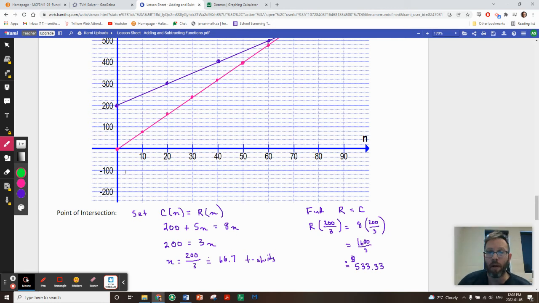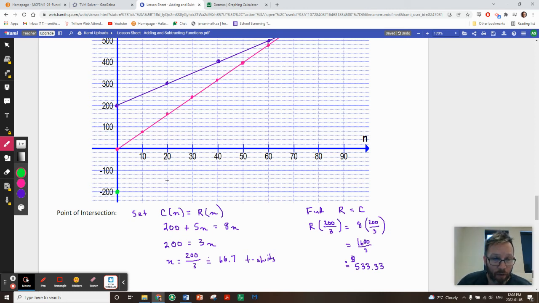For example, for the n coordinate of 0, the y coordinate, or P, is going to be the difference. It would be 0 minus 200, so minus 200. At the n value of 20, we have 160 minus 300.